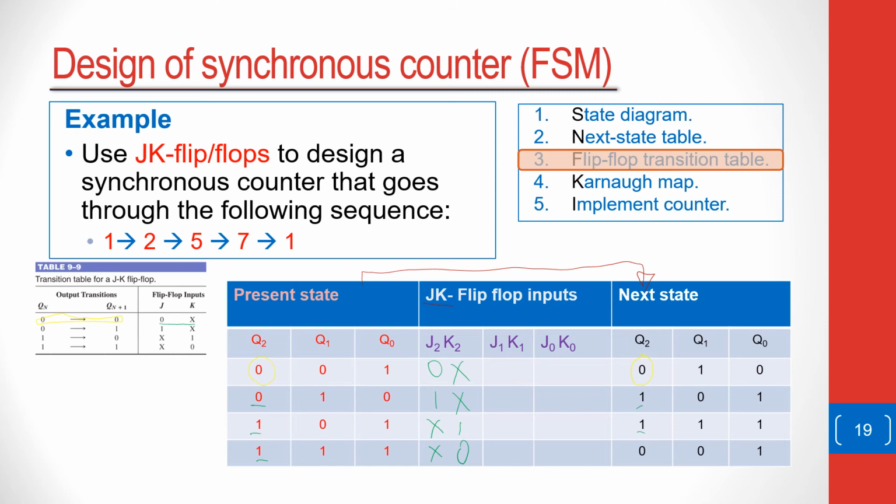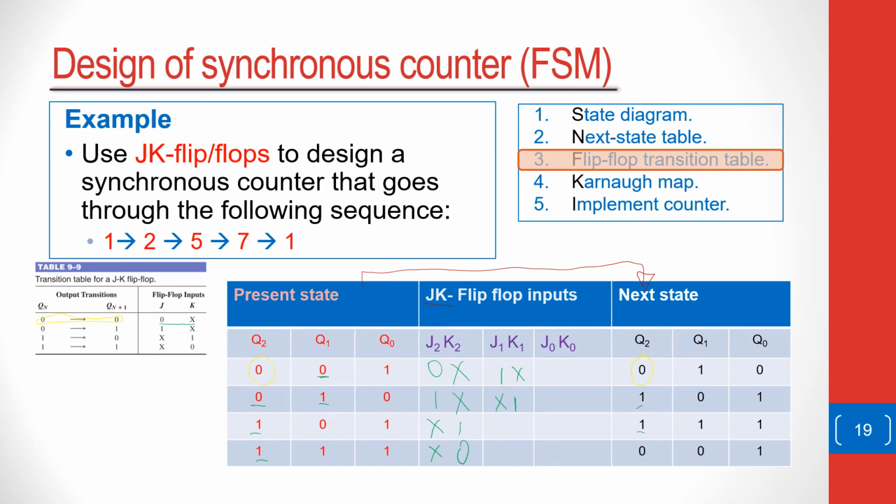And so we can fill in this table. We can complete this table now, even for flip-flop number 1, Q1, from 0 to 1. From 0 to 1, we don't care. This is set. From 1 to 0, we don't care about that, and this is a reset that we have.